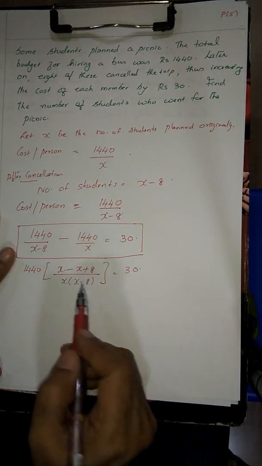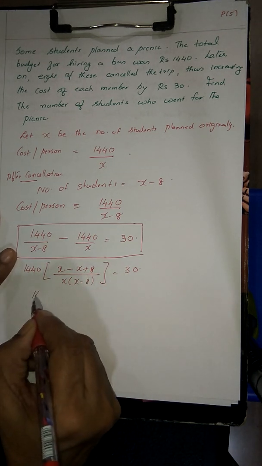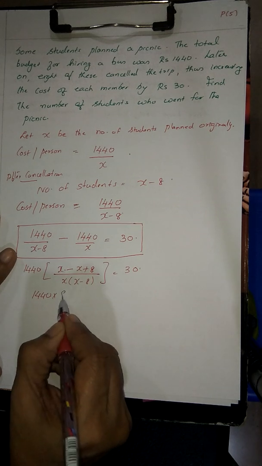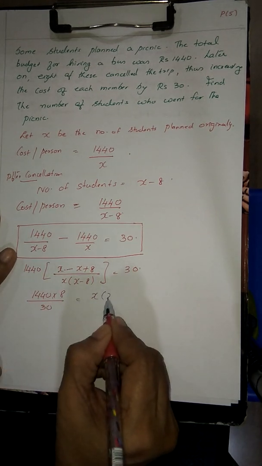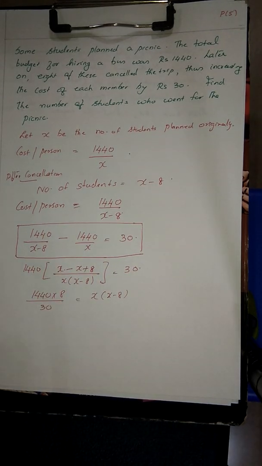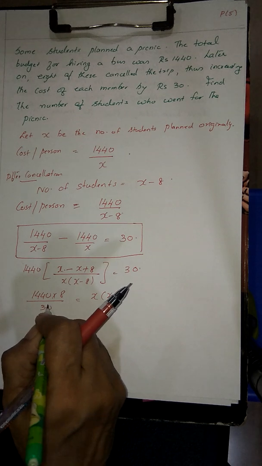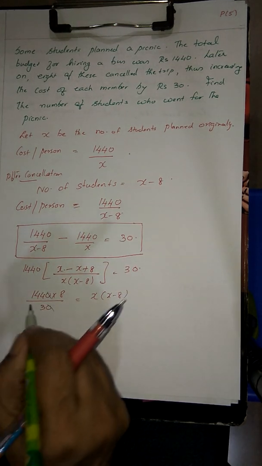So x and x get cancelled. So 8. So 1440 into 8 by 30 is equal to x into x minus 8. 30 will come here, and this can be cancelled.